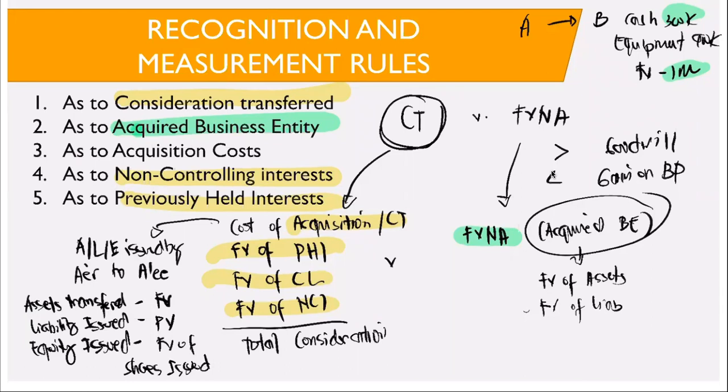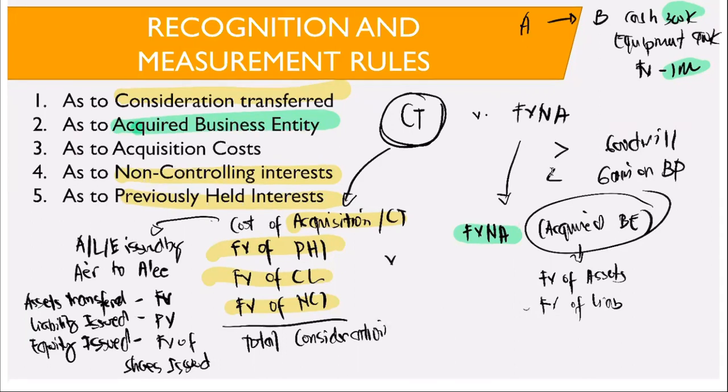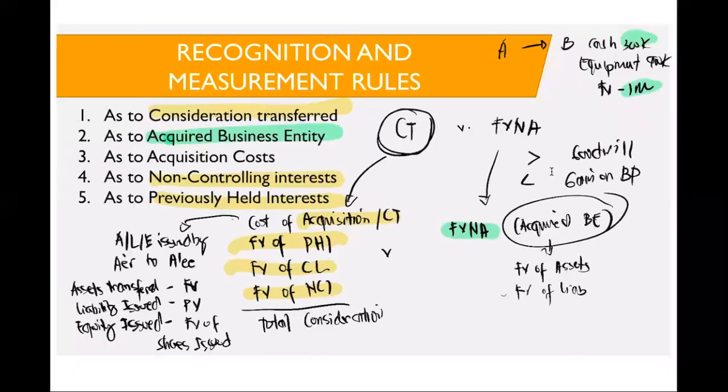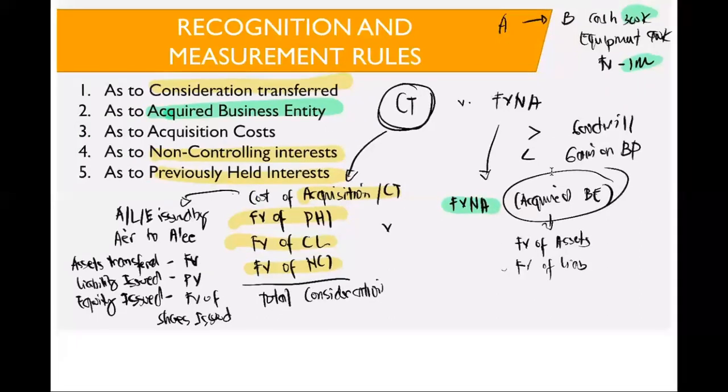Okay? So when we talk about your cost of acquisition or cost of consideration transferred, we talk about these following items. So we talk about your assets transferred, which should be measured at fair value, liability issued, which should be measured at present value, equity issued, which should be measured at fair value of shares issued.